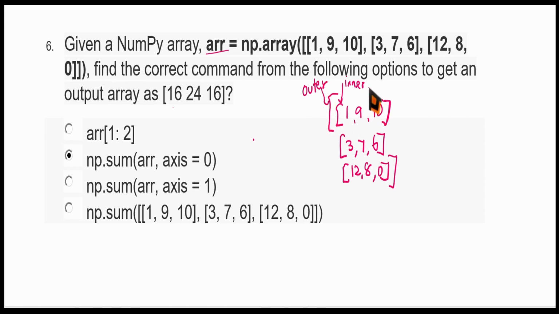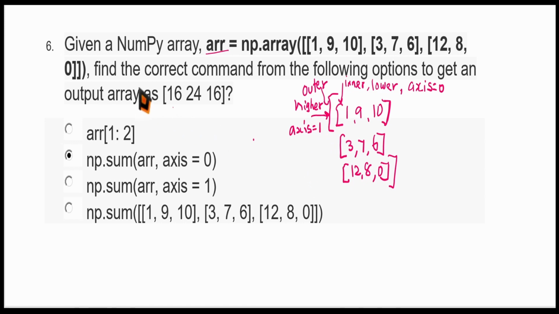You can say that this is the lower dimension and this is the higher dimension or highest dimension here. Since there are only two dimensions, you have two axes. So this is axis 0. This square bracket indicates axis 1.